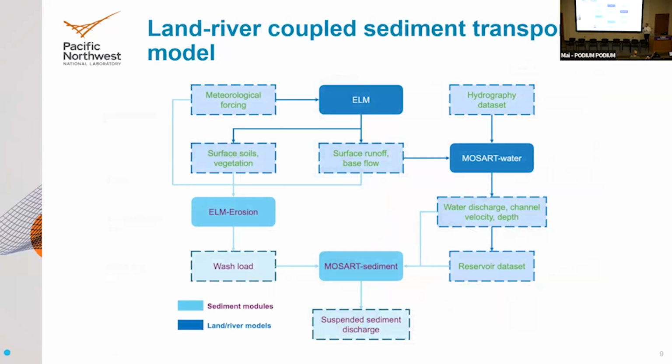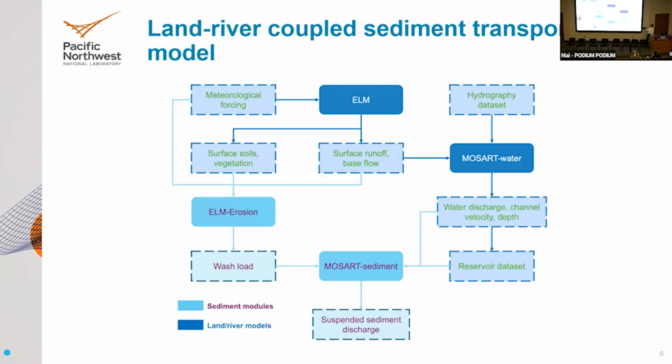Regarding the objective to close the global carbon cycle, one important contribution of our work is to develop a land-river coupled sediment transport model. The framework of this sediment model is shown here. We have not done it yet, but our intention is to couple this sediment transport model with the ocean sediment transport model, but the data is still under development.